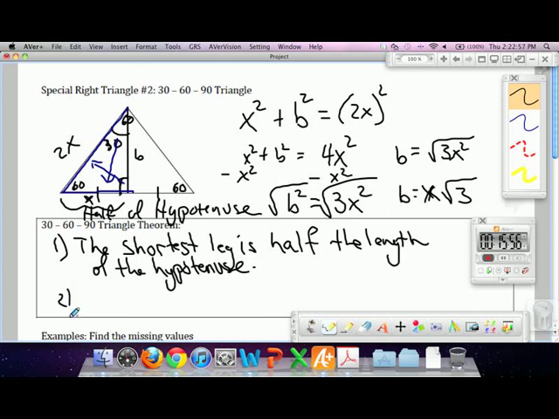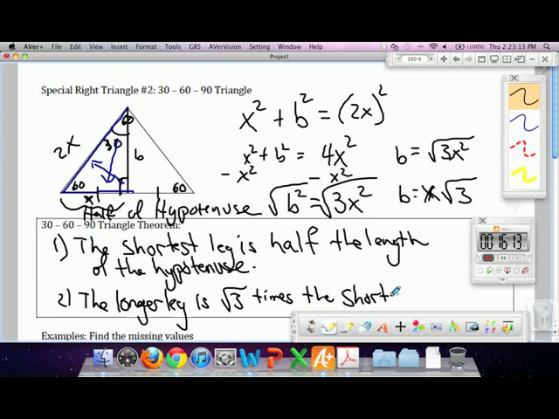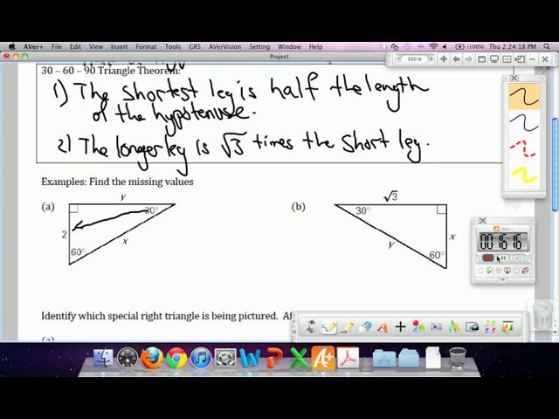And 2, the longer leg is square root of 3 times the short leg. This is the shorter leg.